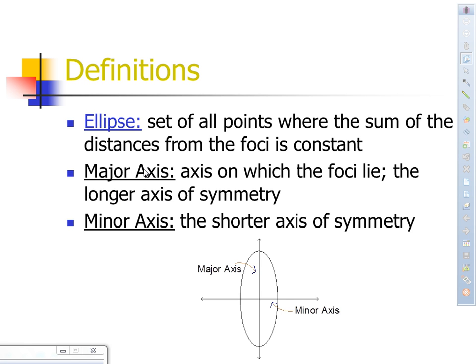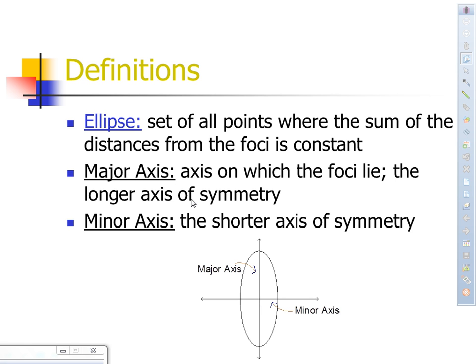Then we have a major axis. The major axis is going to be the long axis. This particular one is on the y-axis, but it could also be on the x-axis, and we'll look at some of those, especially when we're graphing them. If we split it in half, that's the axis of symmetry, because we could fold it over on itself and have the same thing.